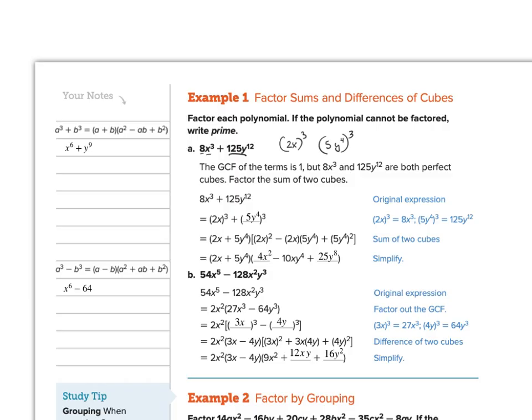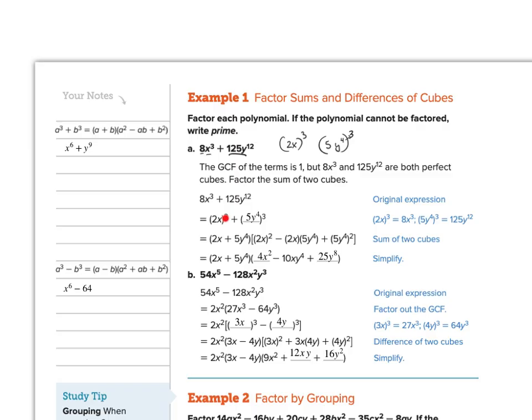Because you have to remember, when I have an exponent raised to an exponent, I multiply. So that's where we get y to the 12th.